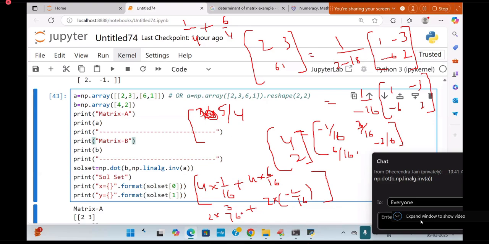Next is 1 by 8, minus 1 by 8. So 5 by 4 will give you 1.25, and 1 by 8 will give you 0.